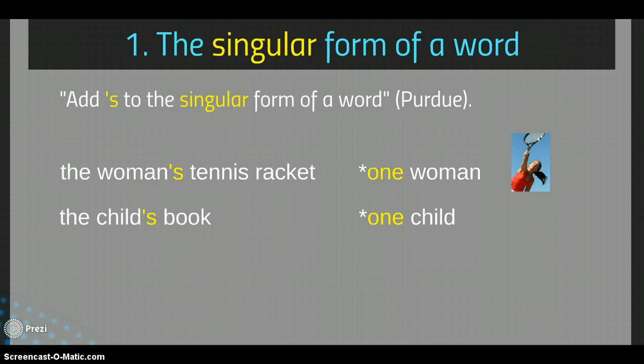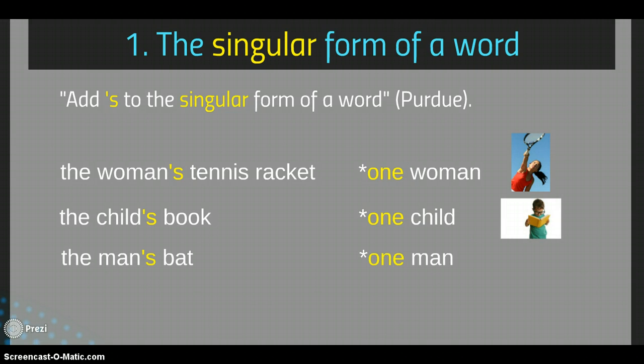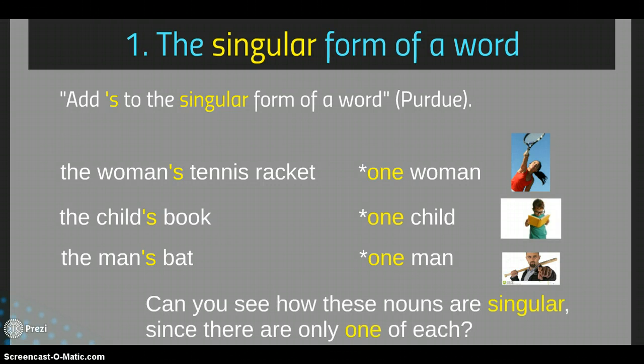We'll add an apostrophe S after the D. The man's bat. Again, we have just one man, so we're going to add an apostrophe S after the N to show the possession, the man's bat. Can you see how these nouns are singular since there are only one of each?